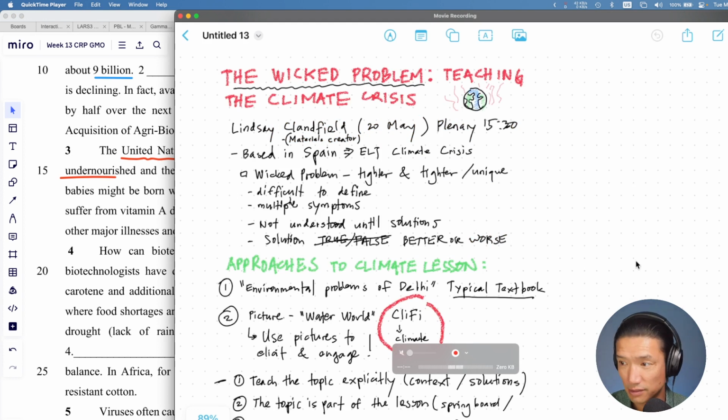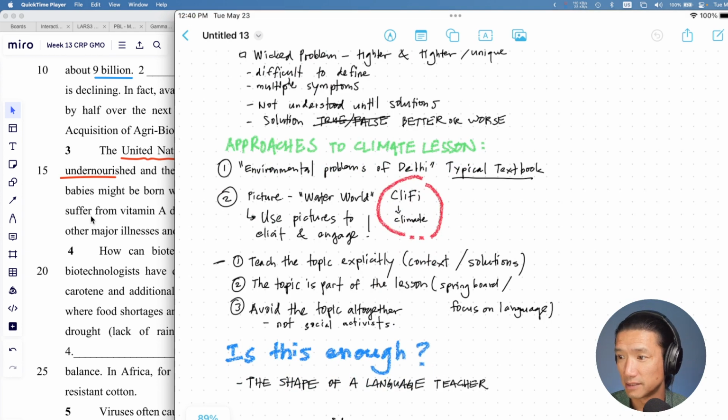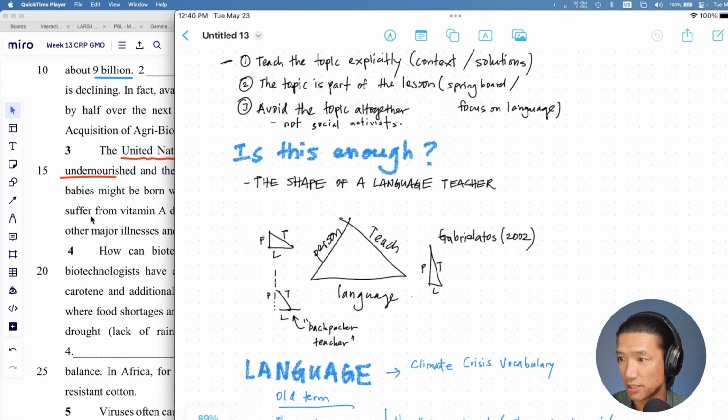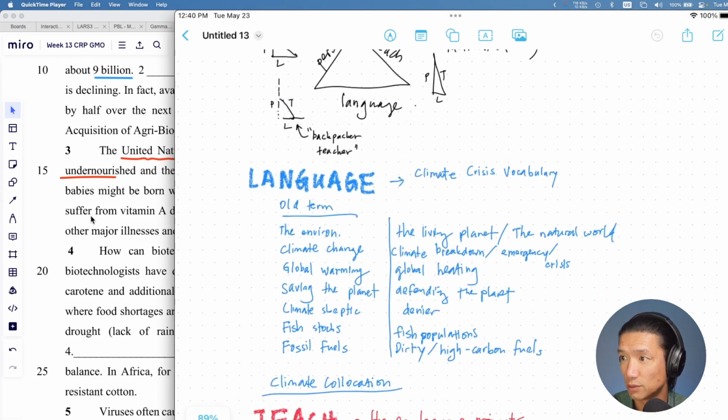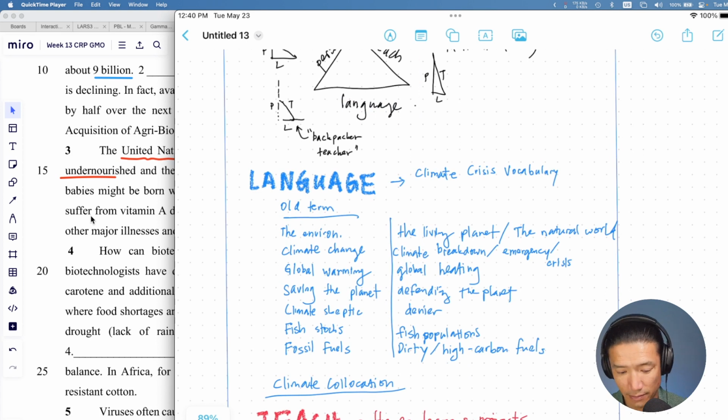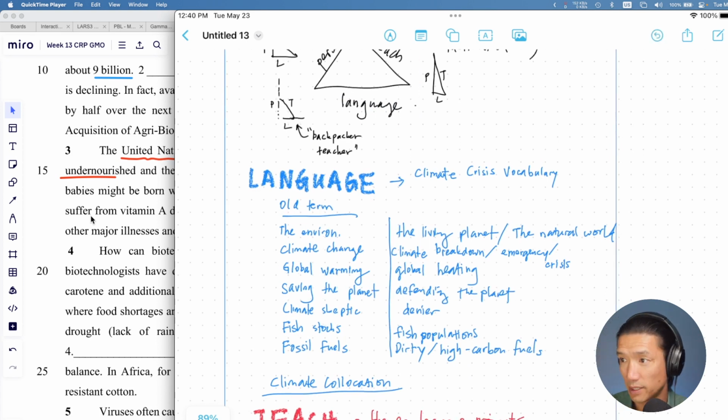Okay, one of the issues they say in this is that we need to change the language of climate change. The old words were like "the environment," and what does that mean? It's so nice. We should call it the living planet or the natural world. Climate change becomes something like climate breakdown, climate emergency, climate crisis, global warming, global heating.